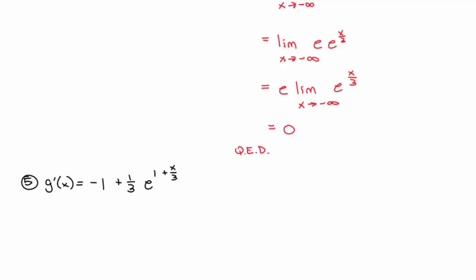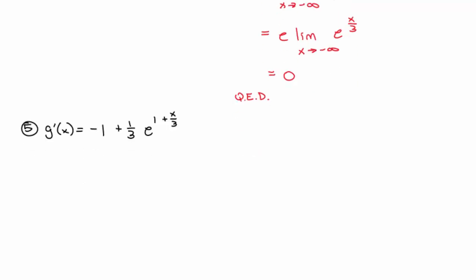And we want to see when is that 0, and when does it not exist? Well, I happen to know that it always exists, but g prime is equal to 0 when 3 is equal to e to the (1 plus x) over 3. All I did was set g prime equal to 0, add 1 to both sides, and multiply both sides by 3. Take the natural log of both sides.